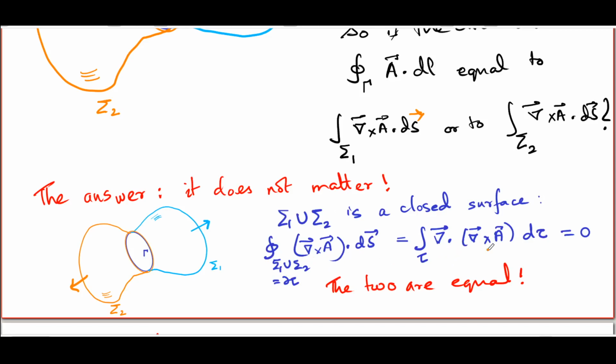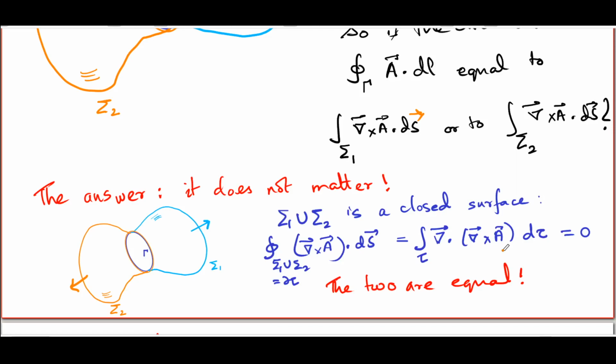That is, divergence of curl of A integrated over the volume tau. But we know that divergence of curl of a smooth vector field A is 0. So this surface integral vanishes. So the surface integral over the combined surface sigma 1 and sigma 2 is 0 for the curl of any A, as long as A is smooth.